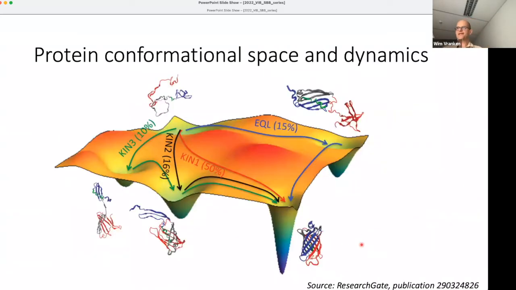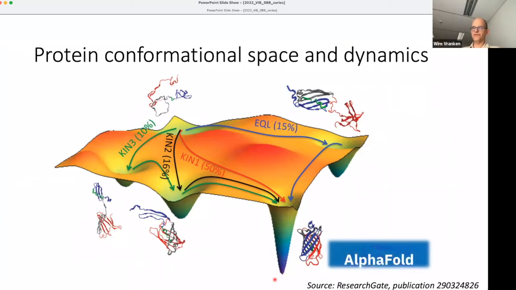Another way to visualize this is to look at an example energy landscape of a protein here: the lower the energy, the better. In principle, what AlphaFold does is predict the one low energy conformation, if it's available, of a protein, and it is very good at that. This already really opens up the whole field of structural bioinformatics.